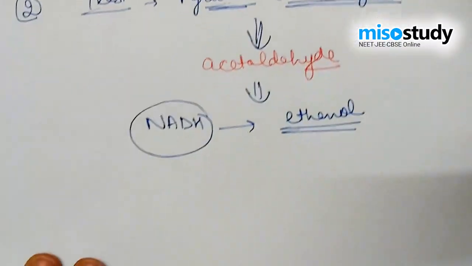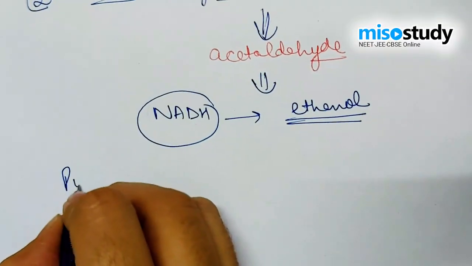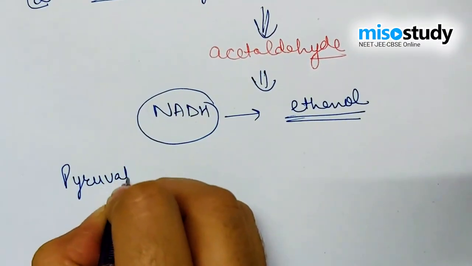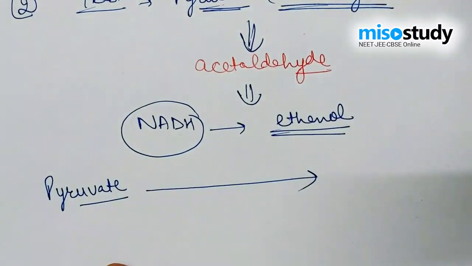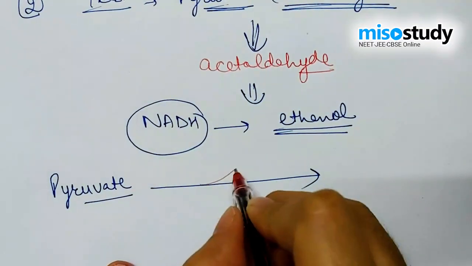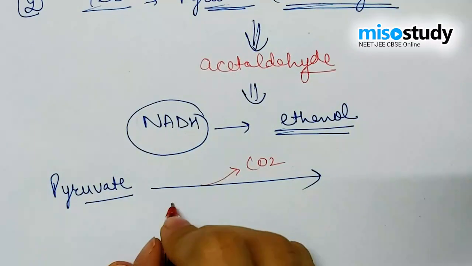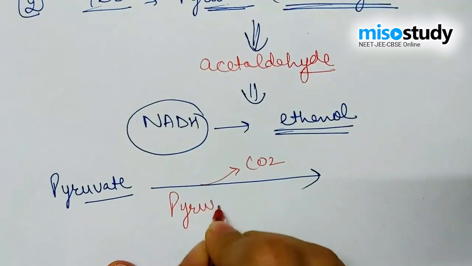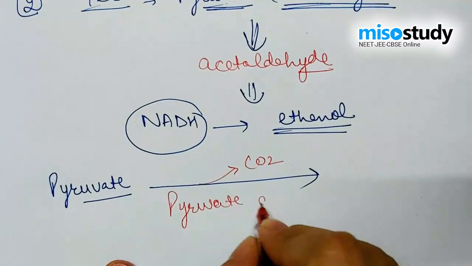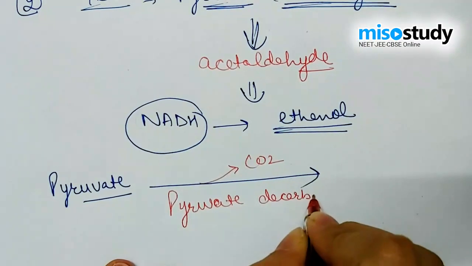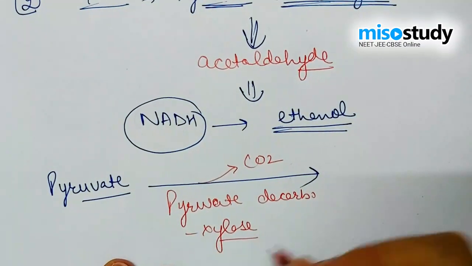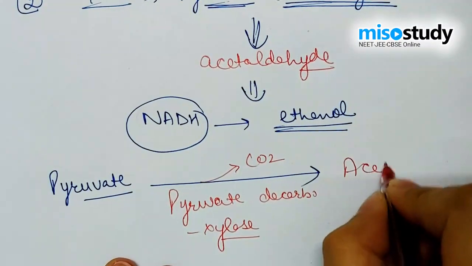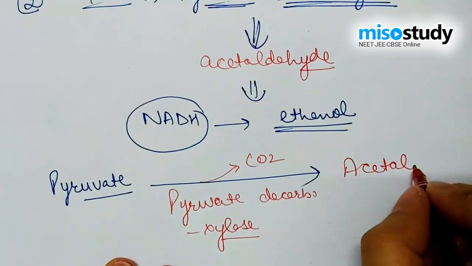If we write the reaction in both steps, in the first step pyruvate gives carbon dioxide, and the reaction occurs in the presence of pyruvate decarboxylase along with the Mg2+ ion, and it is converted into acetaldehyde.